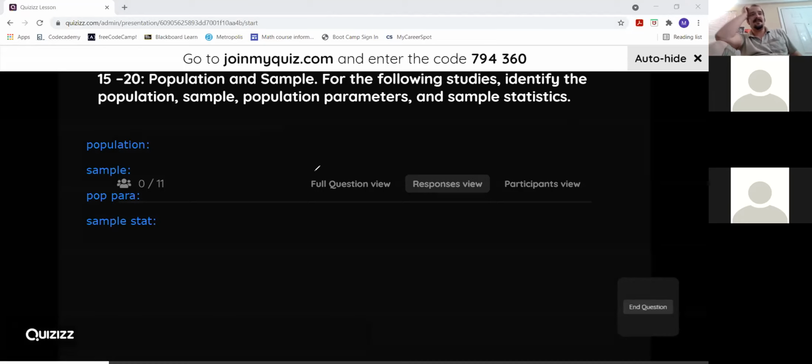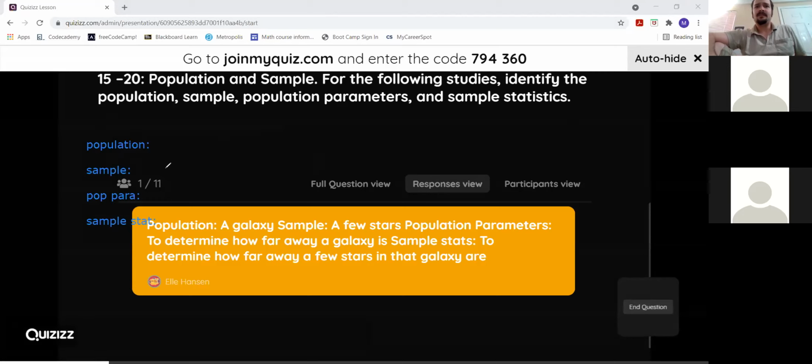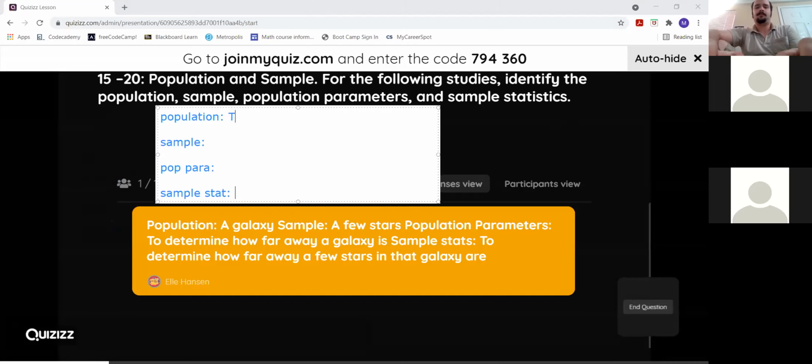So basically, there's a galaxy far away. I'm not going to go measure every single little star in that galaxy. I'm going to measure a few stars. So the population is the galaxy is what they're talking about. This is all the stars.